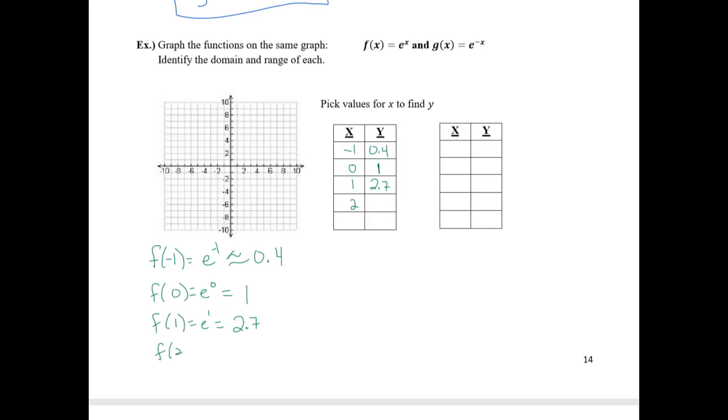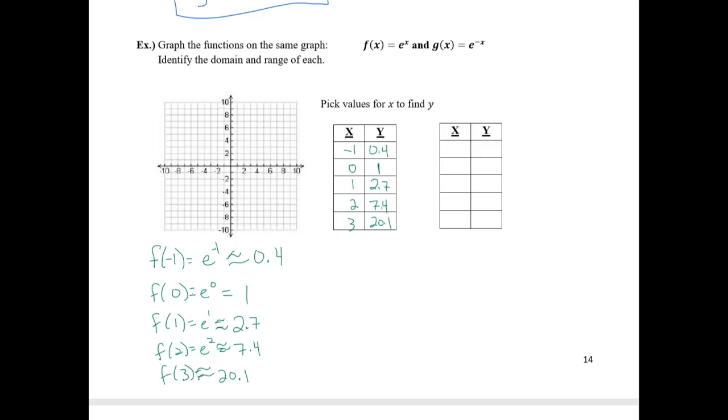And then f of 2, e squared, is 7.4 approximately. And let's just do one more. F of 3, so e to the third power, is approximately 20.1. So that is now officially off our graph.